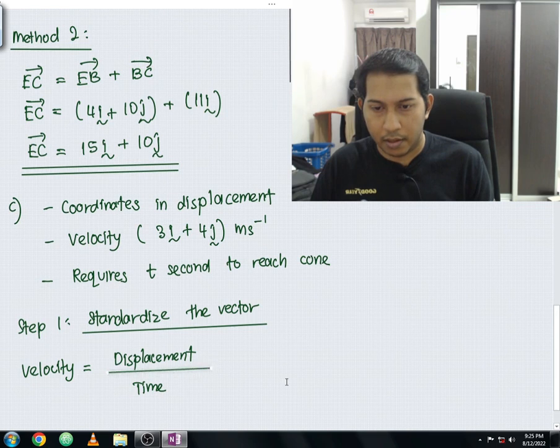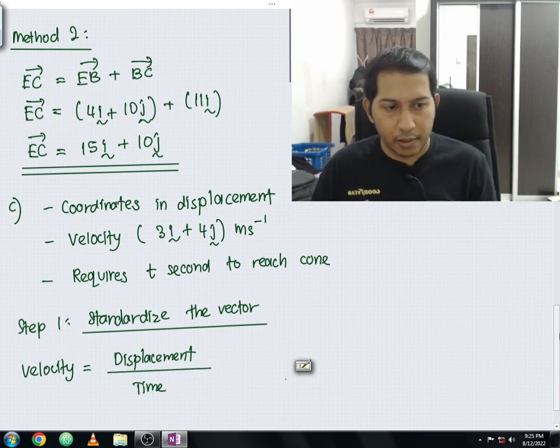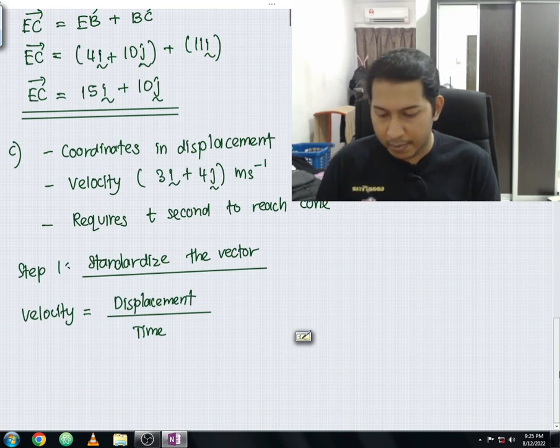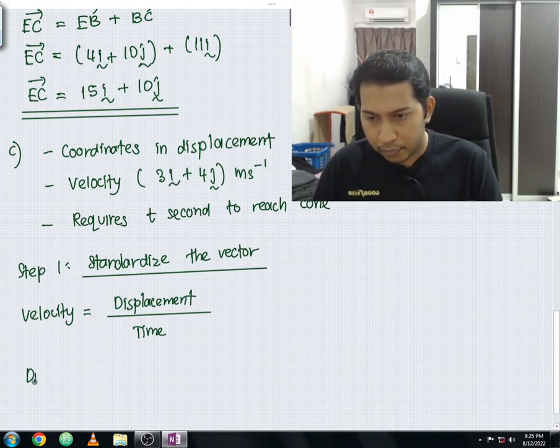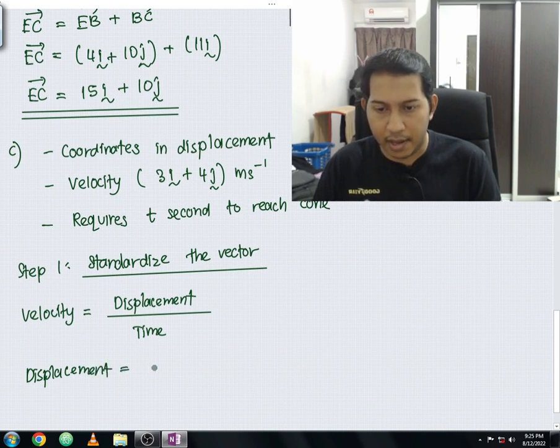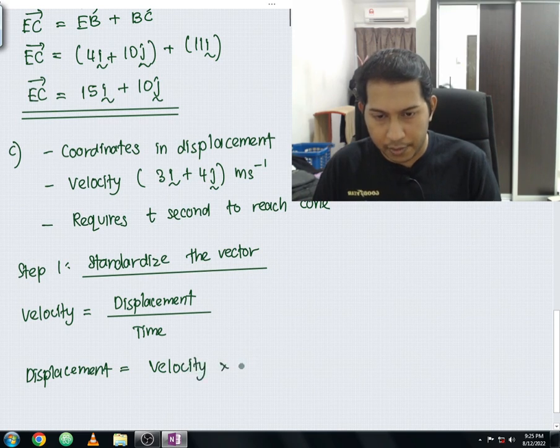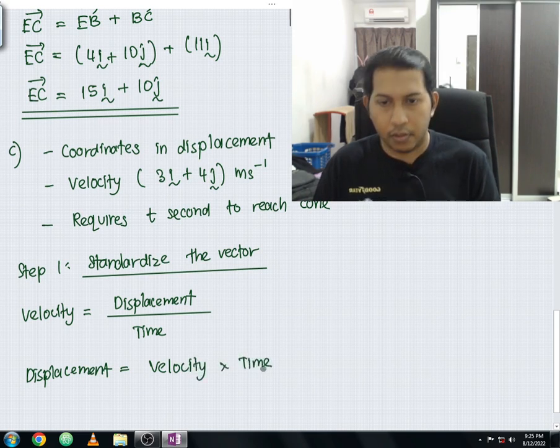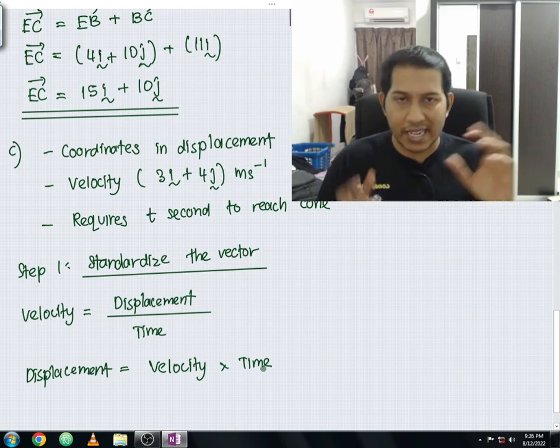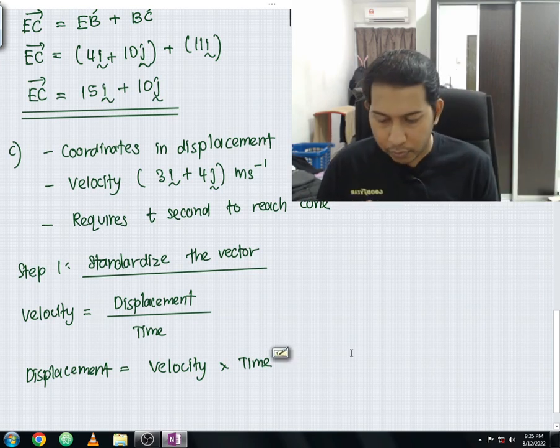Let me draw the fraction line. Since we are calculating the displacement, it will be equal to velocity times time. Okay, so we have touched a bit of physics over here.